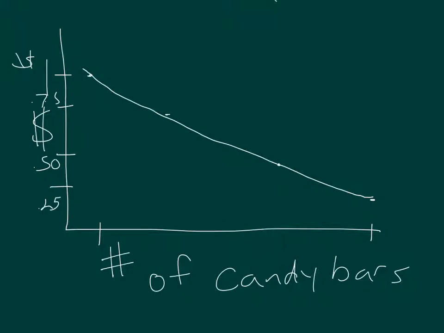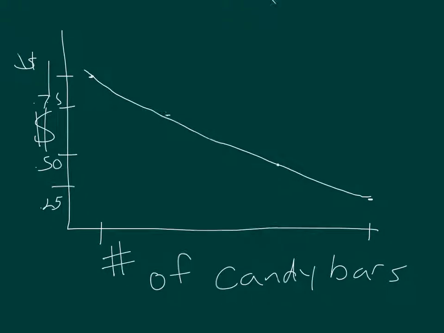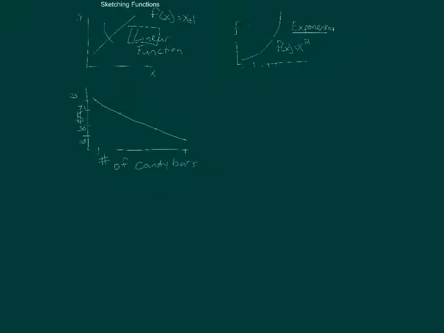This is just an example. It's actually not a very good example, but you can see I just graphed the number of candy bars I would buy for each price. Let's try and look at a better example.